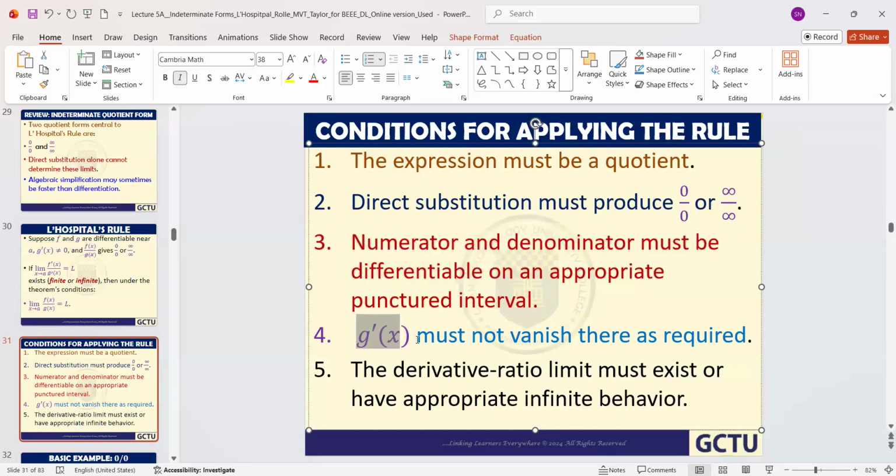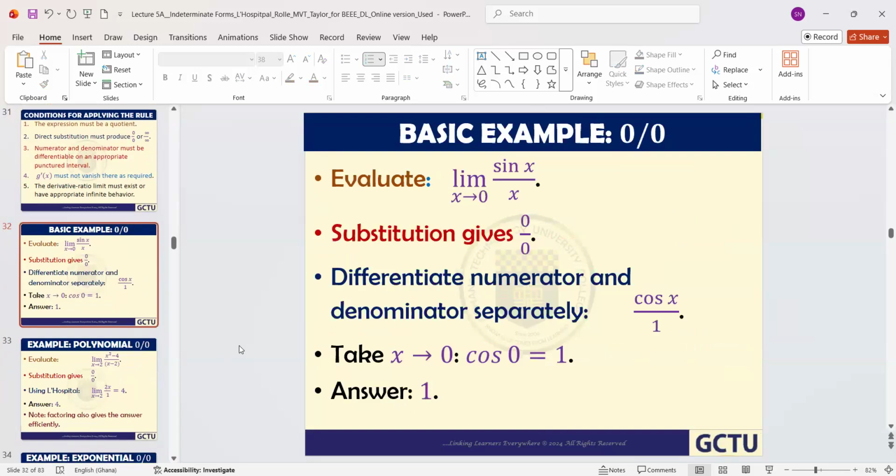The denominator must not vanish; if the denominator vanishes, then the L'Hopital rule is not helping us. And then the derivative ratio limit must exist. So when you find the derivatives and get the ratio, that value L must exist. If it doesn't exist, then we are having an unfortunate behavior of the limits, and we may have to use another technique.